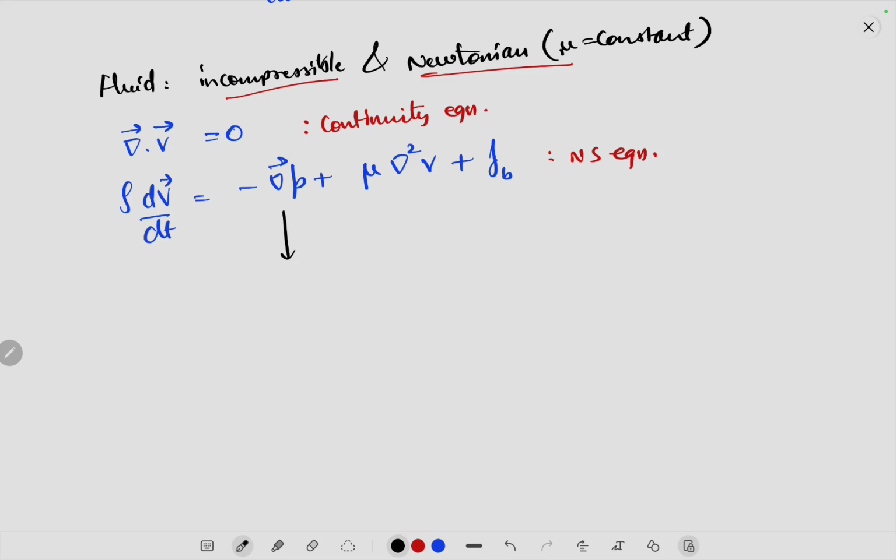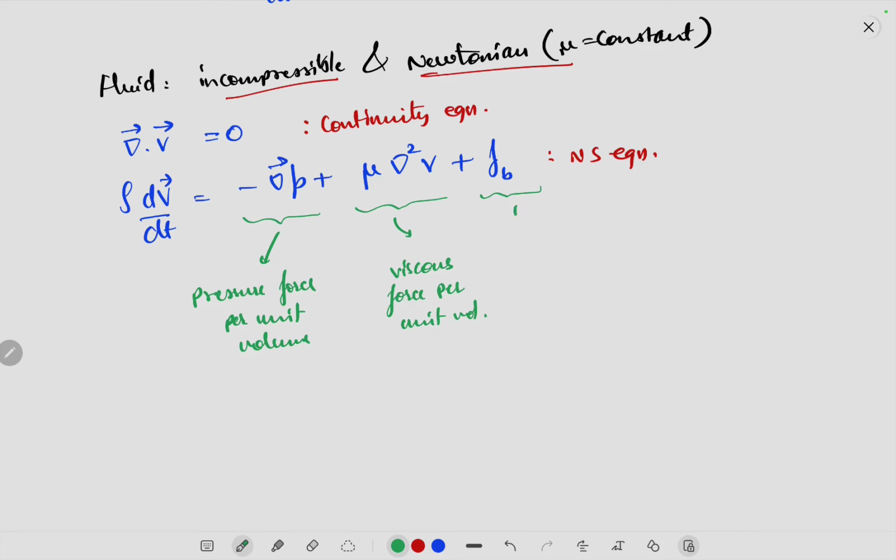This term is the pressure force per unit volume, this is the friction or viscous force per unit volume, and this is the body force per unit volume.